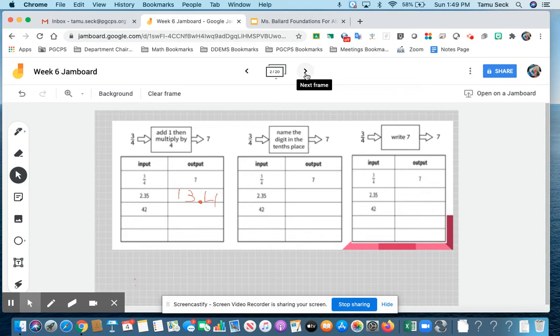So name the digit in the tens place for the next one. The digit in the tens place is 3. And then take the answer from this one that you solved and then name the digits in the tens place and put the answer here. Miss Giles is going to grade it. In the third one, it says 3/4, write 7. So you write 7. For the second one, you write 7. And for the third one, you write 7.